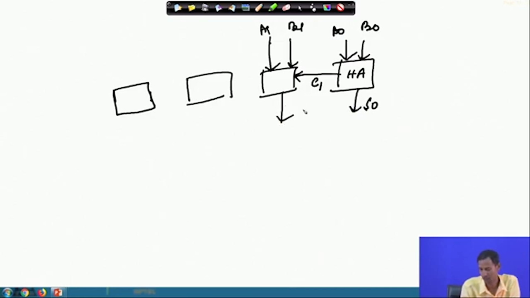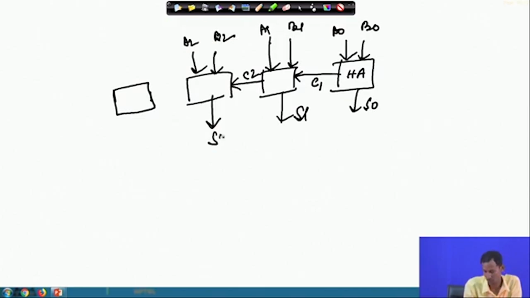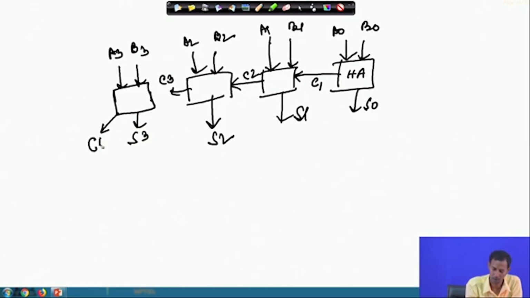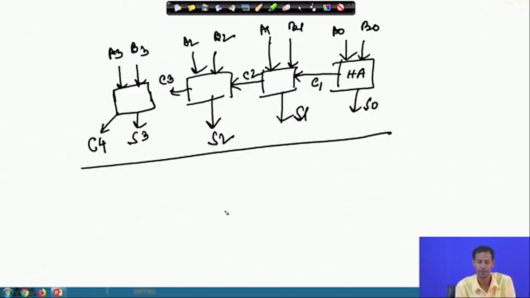This is S0, this is S1, then this will produce C2, which is added with A2 and B2. Then this will produce S2 and C3, which is added with A3 and B3, and it will produce S3 and a C4. These are the 4 adder cells.